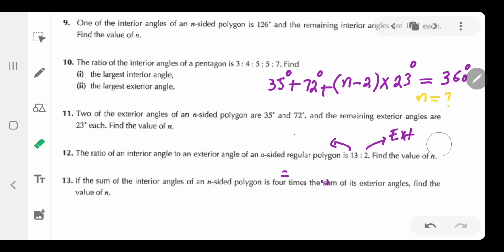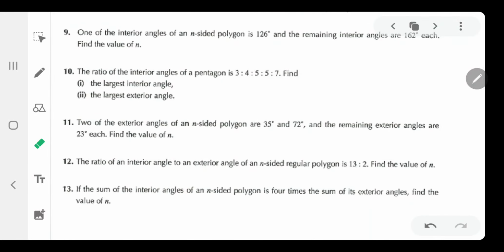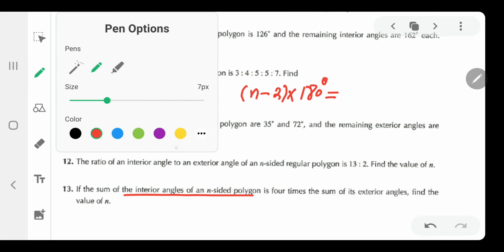Now we are going to solve the last question, which says that if the sum of interior angles of an n-sided polygon is 4 times the sum of its exterior angles. What is the sum of interior angles of an n-sided polygon? It is n minus 2 multiplied by 180 degrees, right?